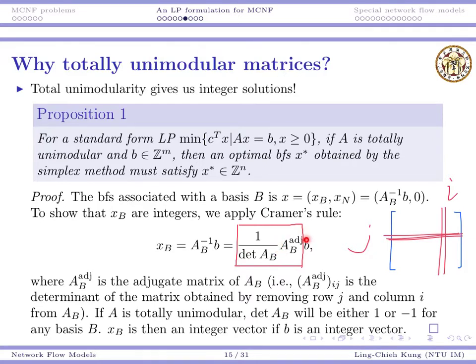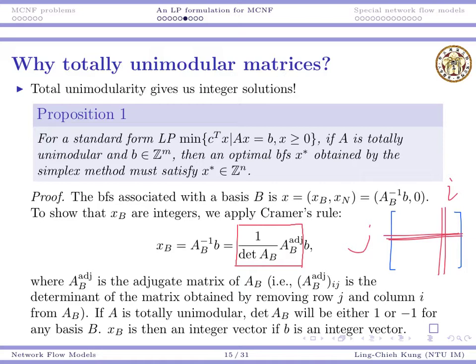Because each element in this matrix is the determinant of a submatrix of A. So the determinant must be either 0, 1, or minus 1. So all the numbers here are 0, 1, or minus 1. All the numbers here are integers, and the ratio must be either 1 or minus 1, so that after all the calculations, xB must be integers.